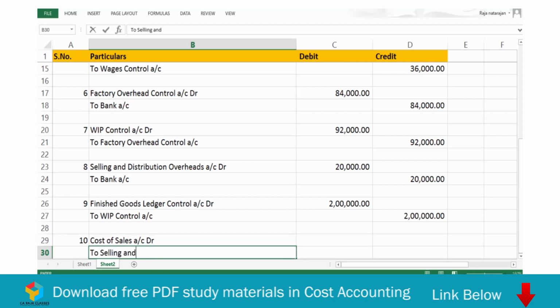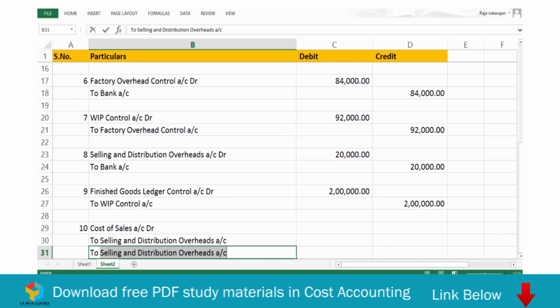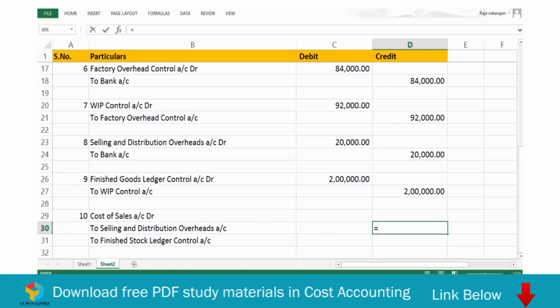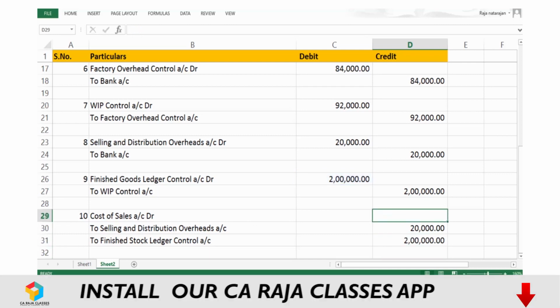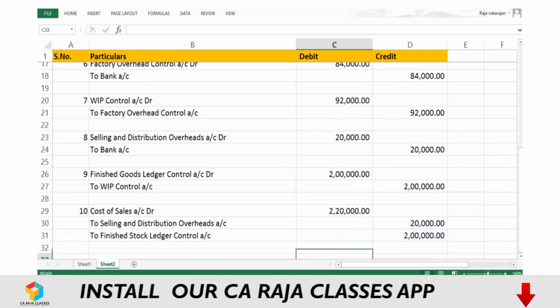One is selling and distribution overheads account, and the other one is finished stock ledger control account. We have selling and distribution 20,000 and finished goods 2 lakhs. So both put together will get transferred, which is 2,20,000. So that has been done.